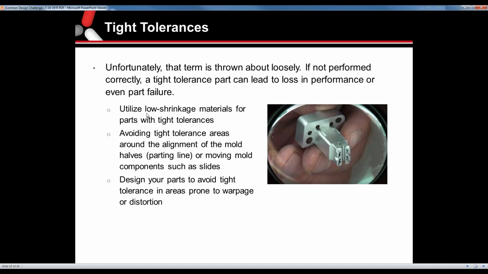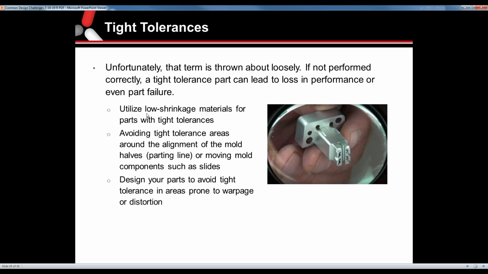So, tight tolerances. Again, this is something that's kind of thrown about loosely. If not performed correctly, a tight tolerance part can lead to part failure or poor performance.